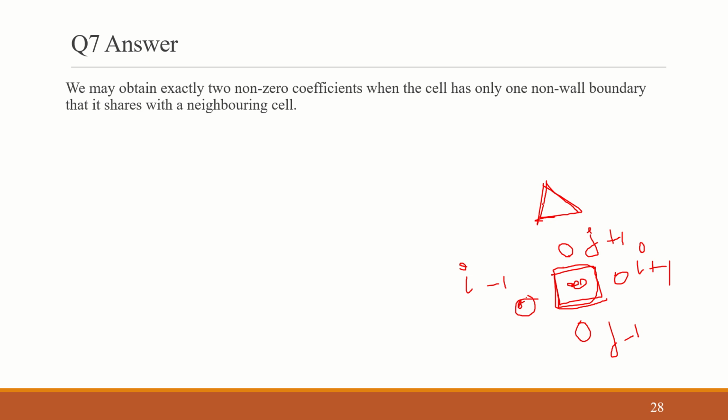It should have only one side that is not a wall but is shared with the neighbor cell. If that is the case, we will have one non-zero coefficient from this cell and one from the neighbor cell, so two non-zero coefficients.